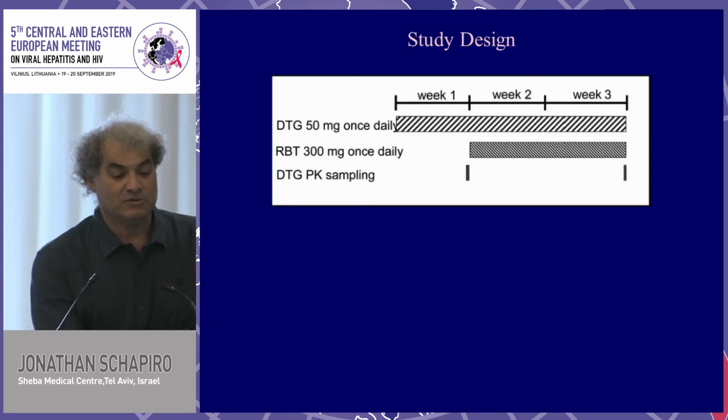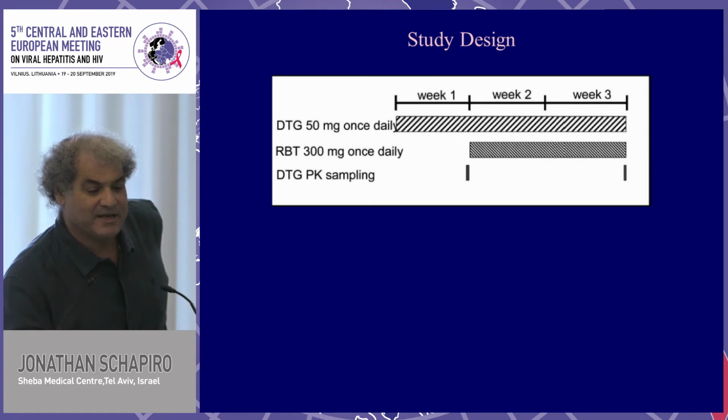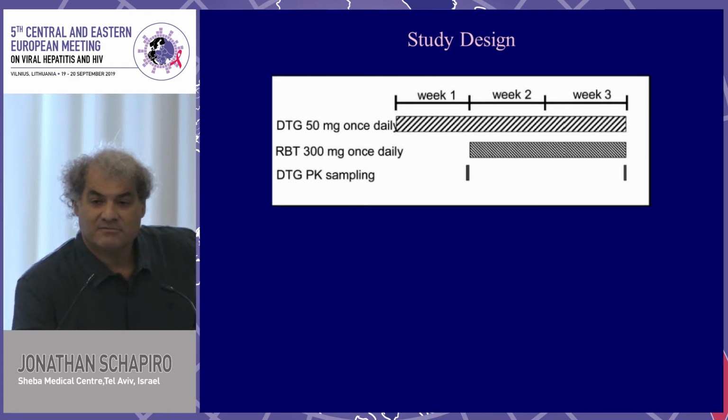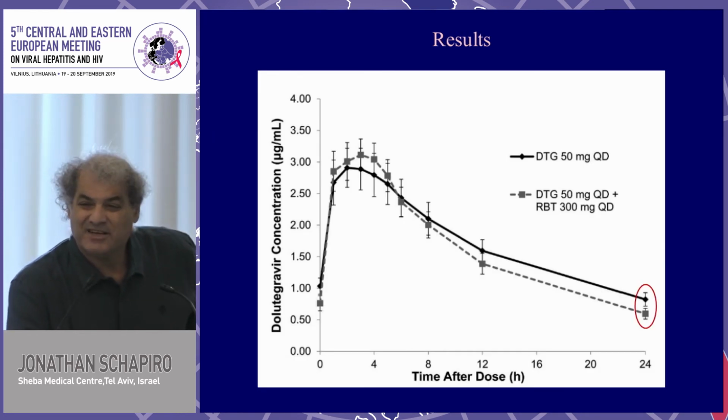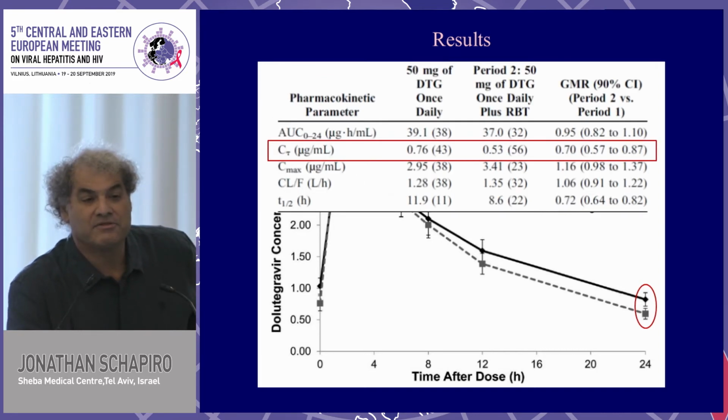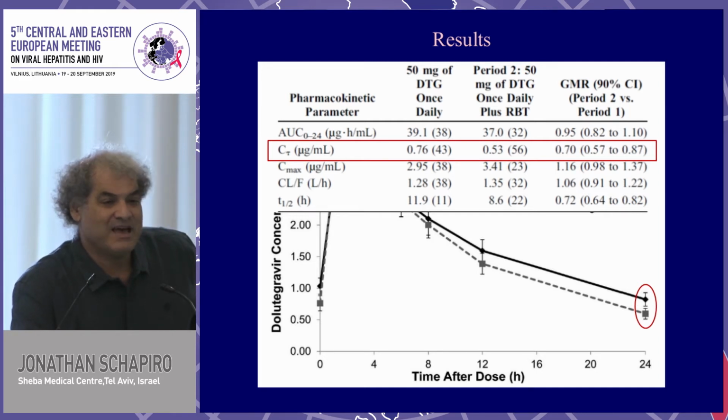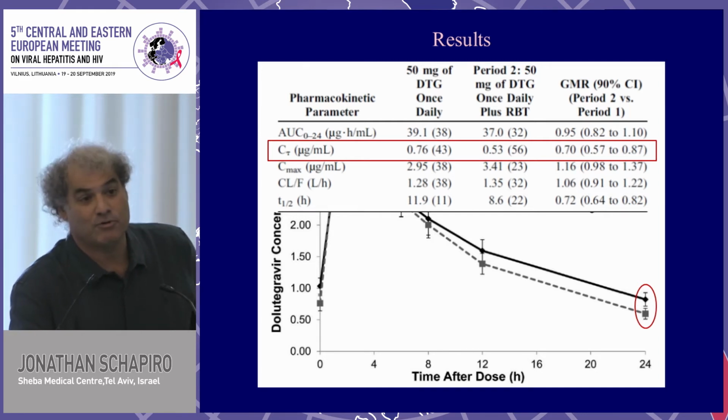And here they took dolutegravir given once a day and added rifabutin and looked at the levels. And what you can see here is they're very close. It was a little bit less, but actually only 30% less. And we know for dolutegravir, if you still have 70% of the levels, you're okay.